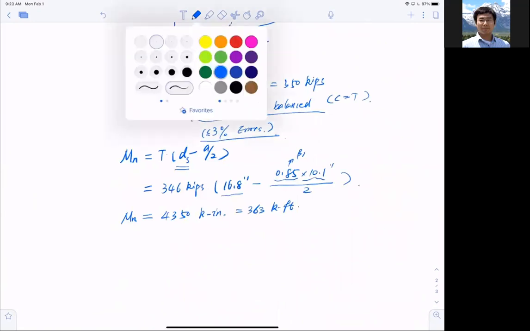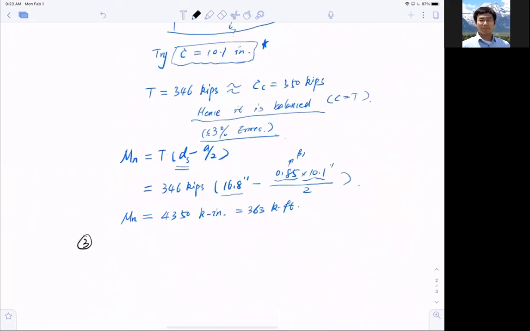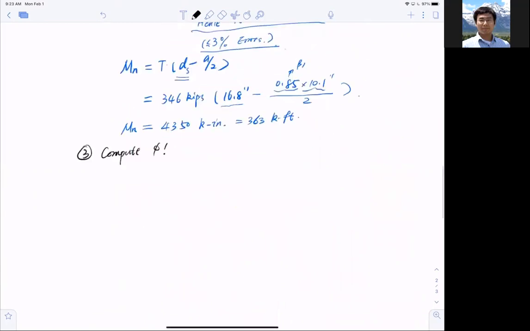Okay, and at the end, I need to find my strength reduction factor phi. In this case, for sure, because it does not yield anymore, my strain is always related to phi, so always use the last layer to determine the strength reduction factor.